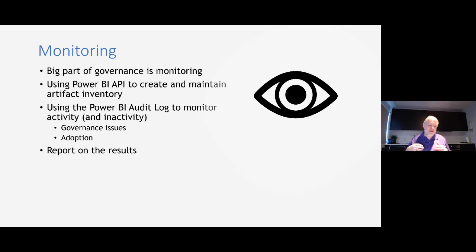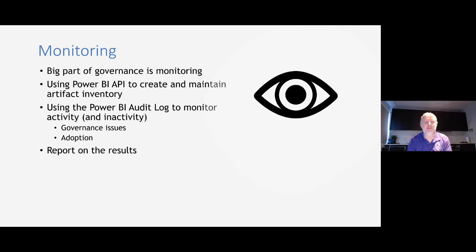Now, as I said, the really big part of Power BI governance is the monitoring. And from our standpoint, what we're talking about today, this is really the only part of Power BI governance that is the responsibility of the administrator, because this is the only technical part of the governance. The rest of it is simply documentation and training and assigning roles and all these different things.